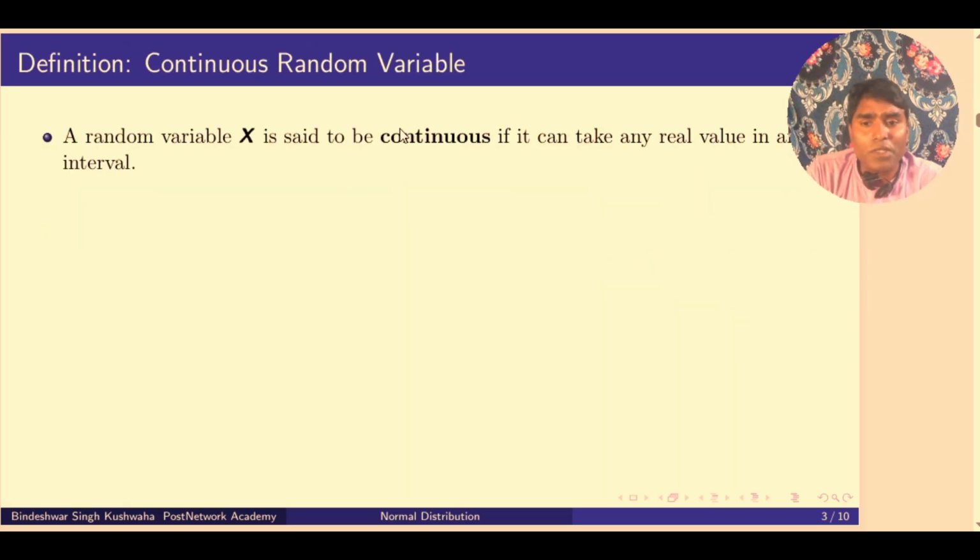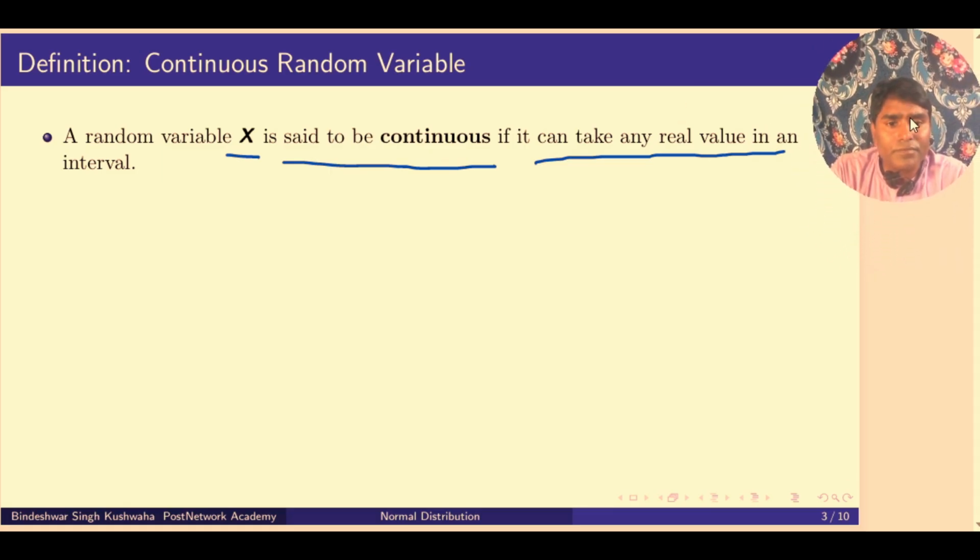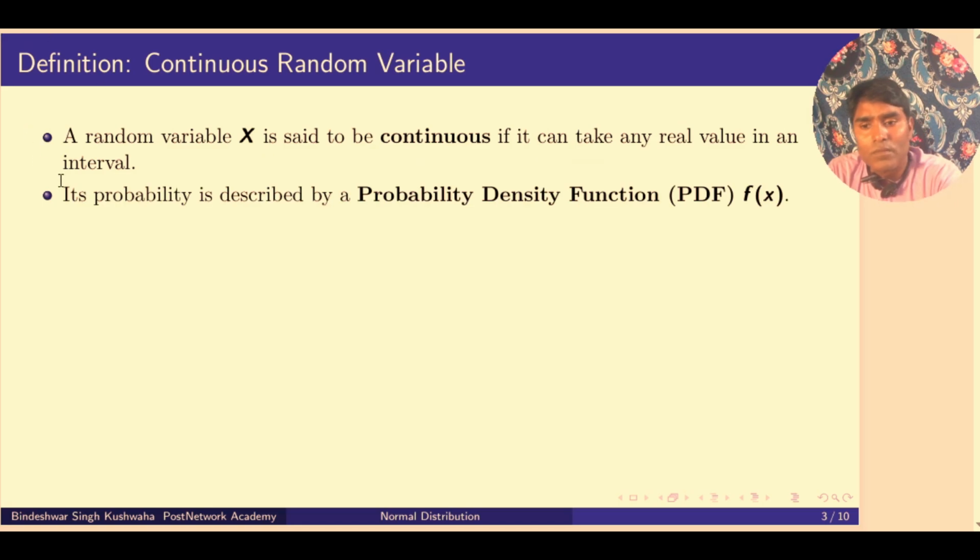So I am going to explain a random variable x, as I have already written, is said to be continuous if it can take any real value in an interval or whole interval, and its probability is described by probability density function.